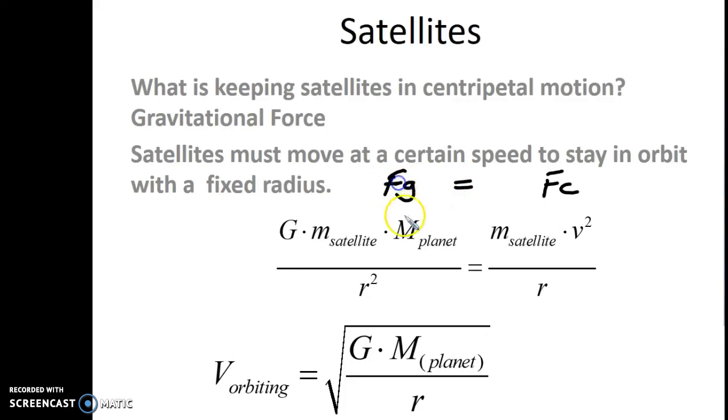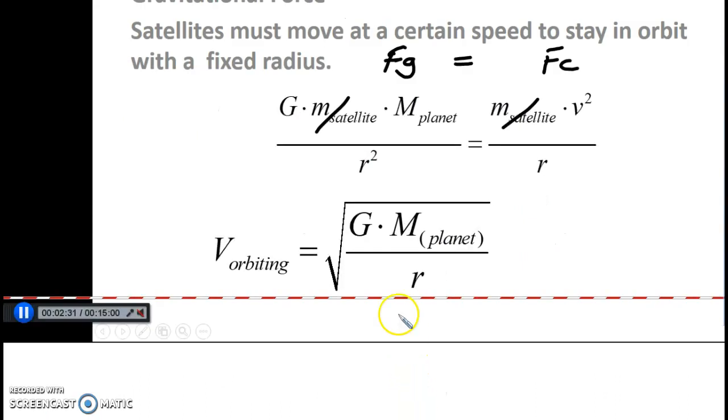So far, we've looked at centripetal forces that are normal forces, tension forces, friction forces, and this is one where it's the gravitational force keeping the object in motion. So that cancels, and we come up with a velocity of an orbiting satellite that is this distance from the center of the Earth. Okay.